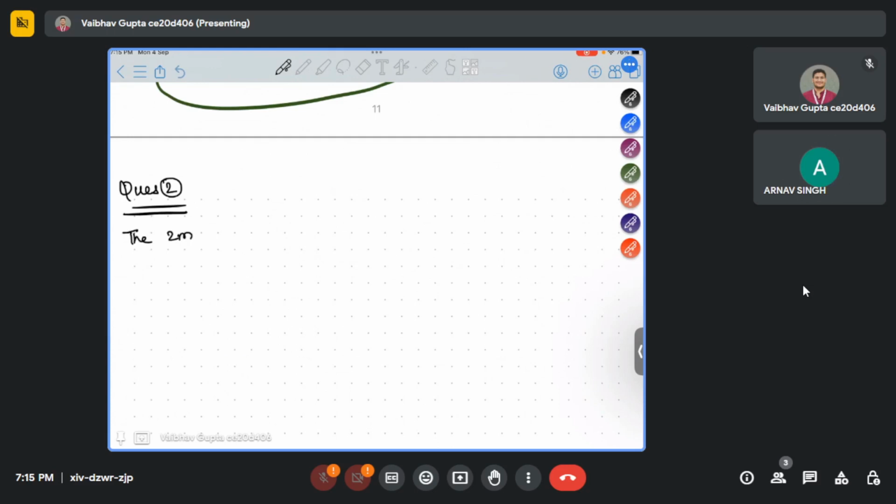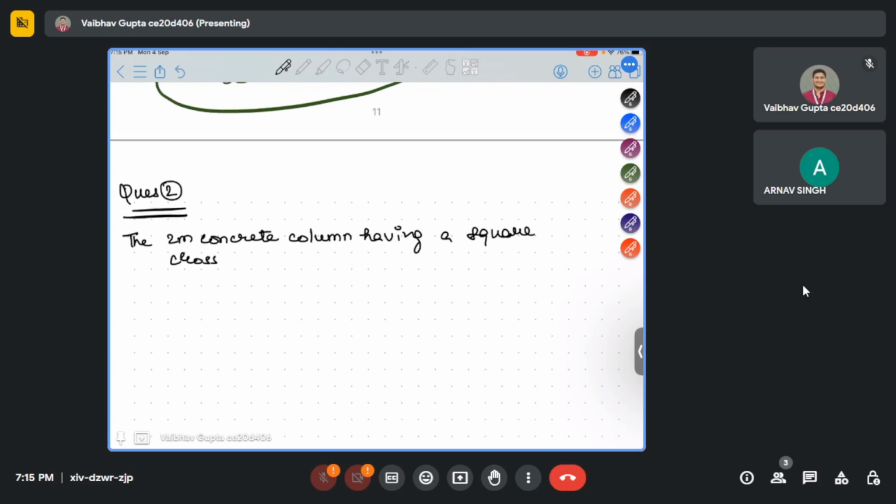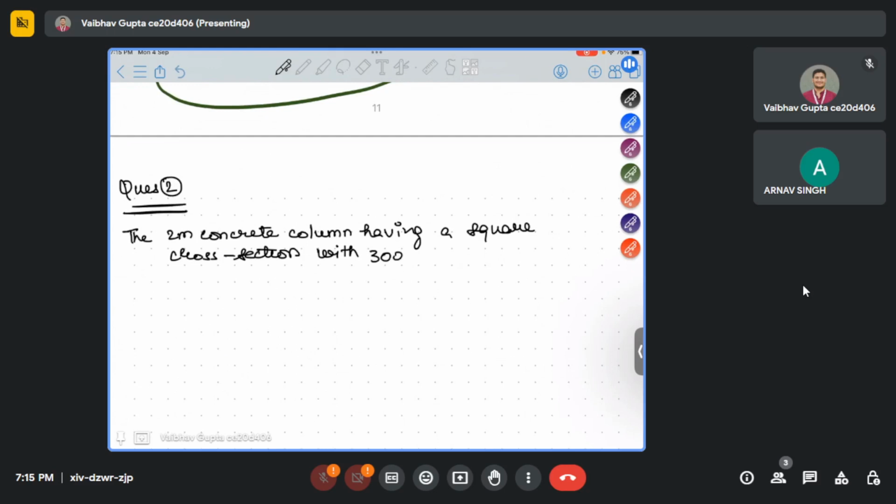A 2-meter concrete column having a square cross section with side as 300 mm is reinforced with 4 steel bars.